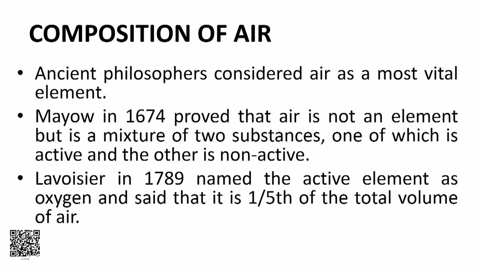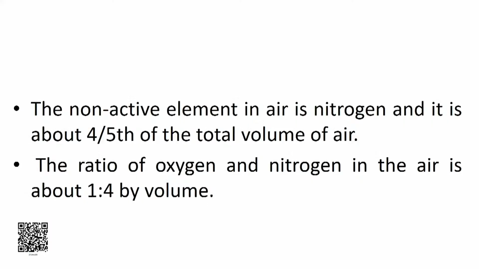Lavoisier in 1789 named the active element oxygen, present as 1/5 of the total volume of air. The non-active element is nitrogen, 4/5 of the volume. So the ratio of oxygen and nitrogen in air is about 1:4 by volume.